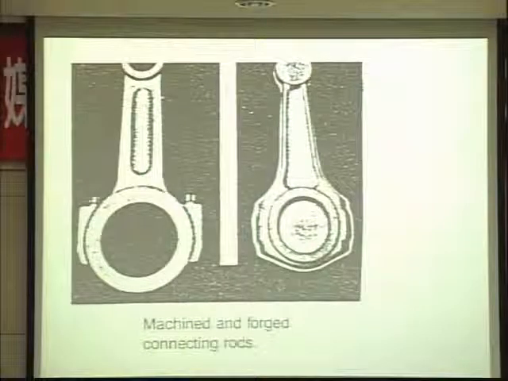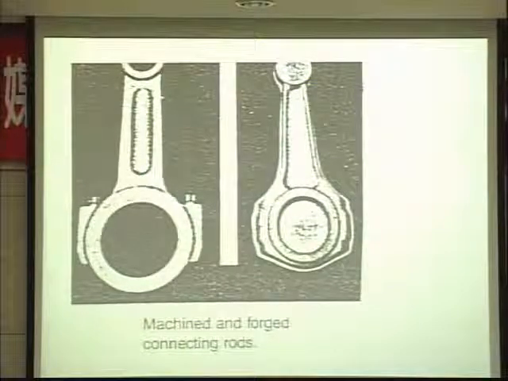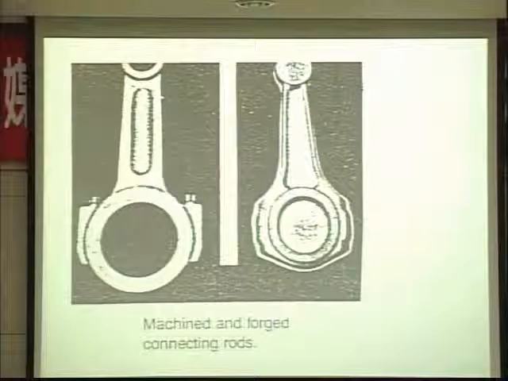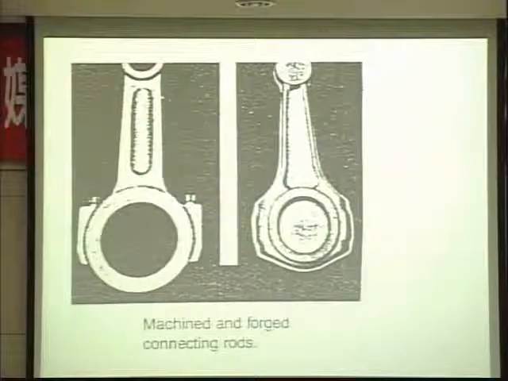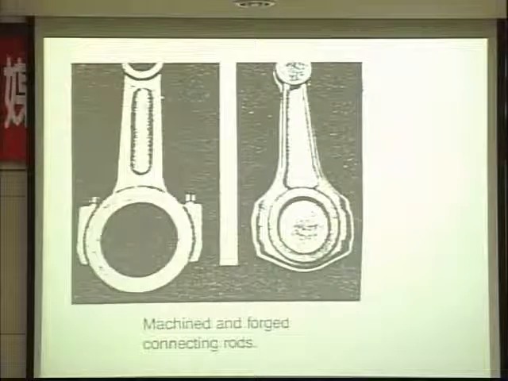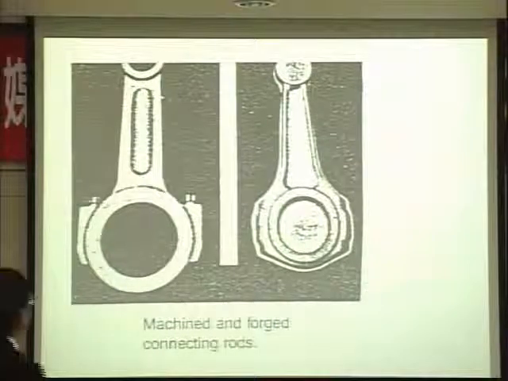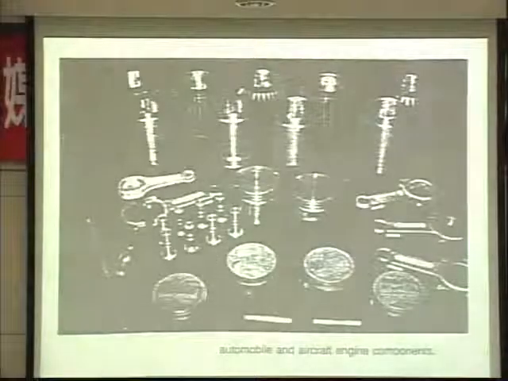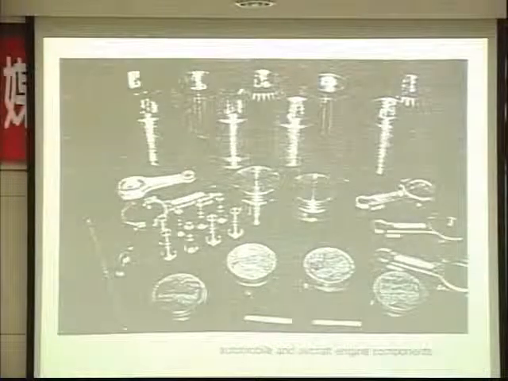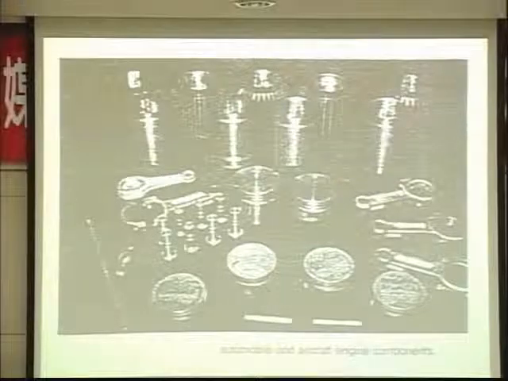In the racing car, they want to make it lightweight but high strength. Composite is still considered more expensive than steel, a lot more expensive than steel. But for racing cars, they don't care about the cost, so they can use that. This is the photo that shows the connecting rod. And there are some other parts, including connecting rod, including piston.